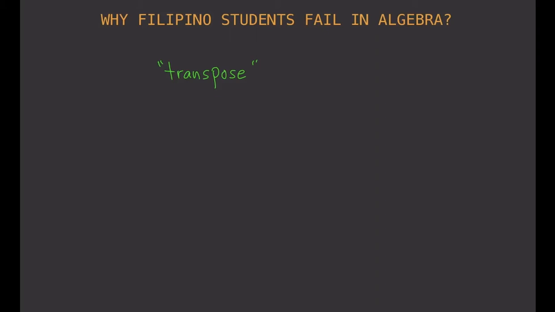Okay, so to give you context, say you're solving an equation and your final step is something like this. Say your final step is x minus 2 equals 0. What you do as a student is you transpose, right? You transpose the negative 2 over to the other side and you change the sign, right?